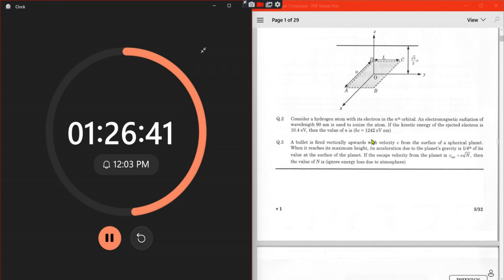2.4 is equal to 13.6 upon n squared. So n squared is equal to 13.6 upon 2.4, which is just 136 upon 24. Guess 4 will do. Just 3, 12, and then 16 plus 4 upon 6, which is 17 upon 3. Huh? That doesn't make sense.